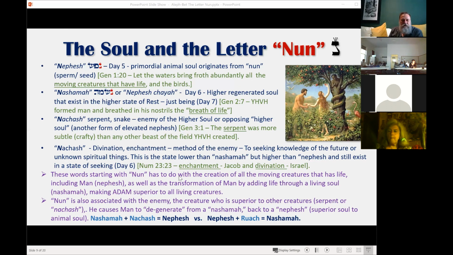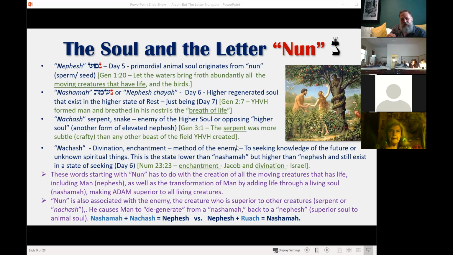Now, what's interesting is that the neshama that's created by Ruach made man superior to other souls, which was described on day 5 in Genesis 1:20. And the Nachash, which is described in Genesis 3:1, is translated as the serpent that was more crafty than any other beast, which is a nefesh that Yahweh created.